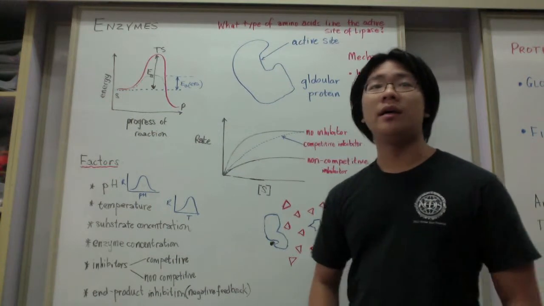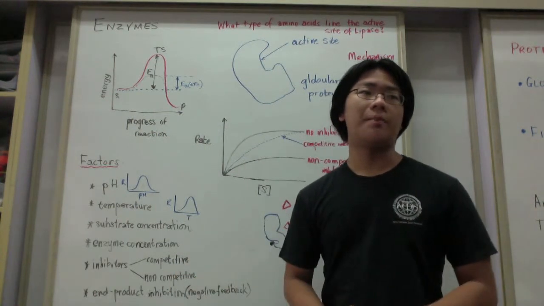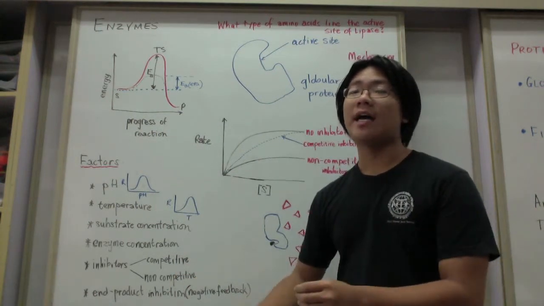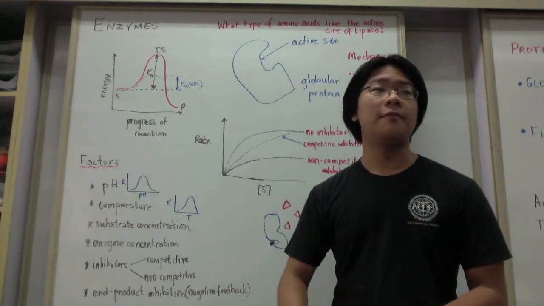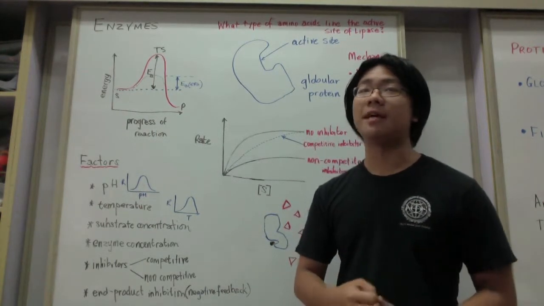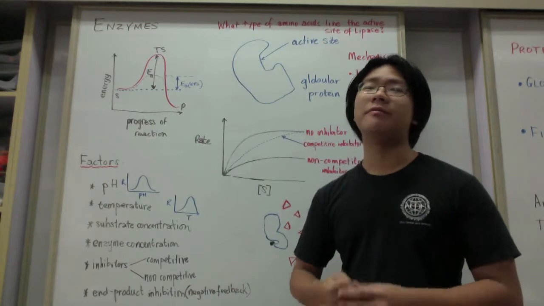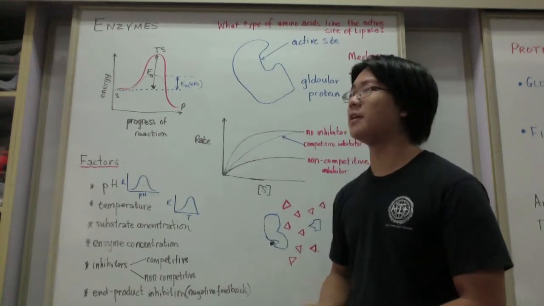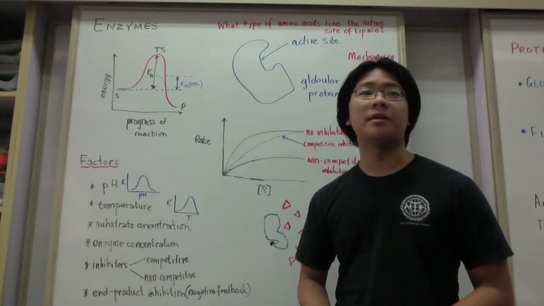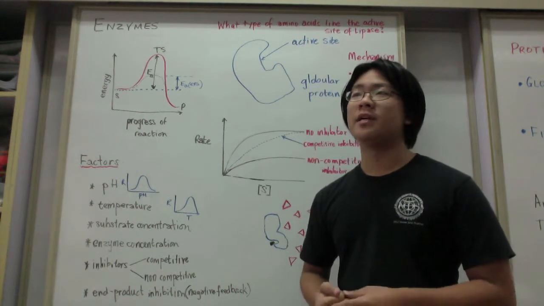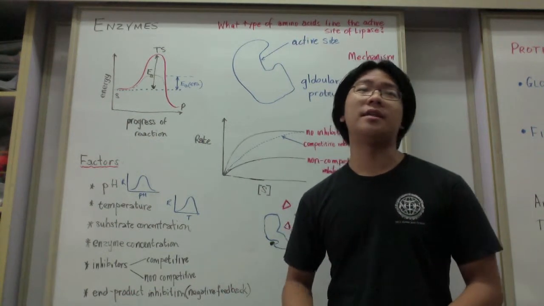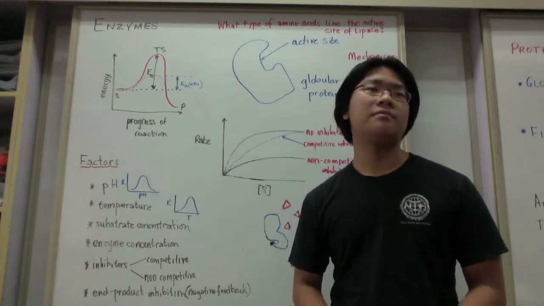This is when the end product of a metabolic process acts as a competitive inhibitor for one of the earlier steps in the process, to prevent too much from building up. An example of this is ATP being a competitive inhibitor of phosphofructokinase, which is an enzyme in cellular respiration.